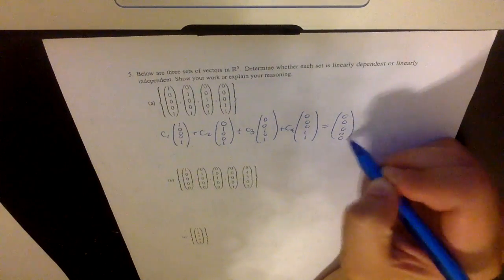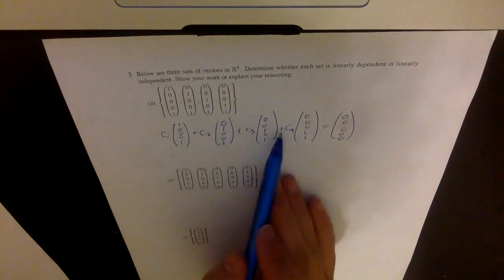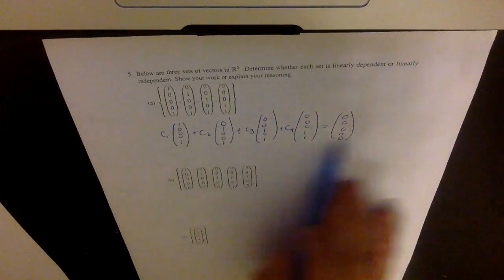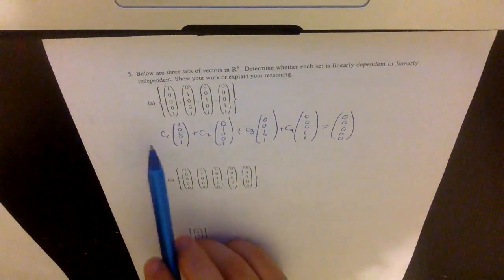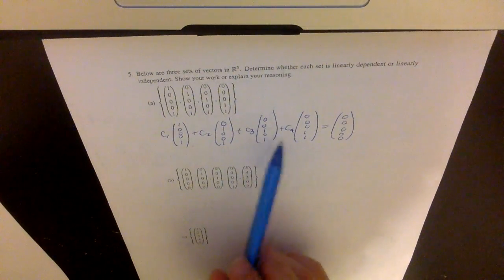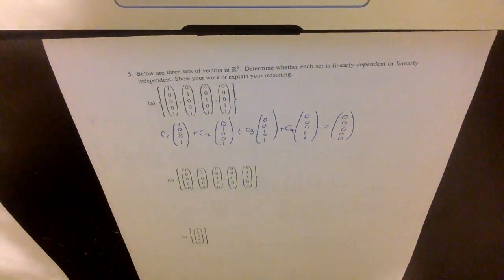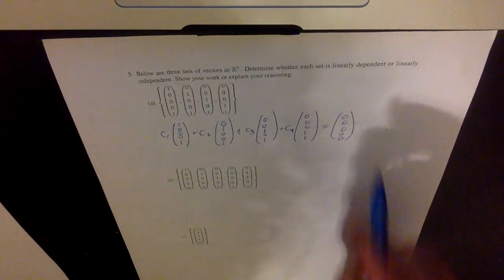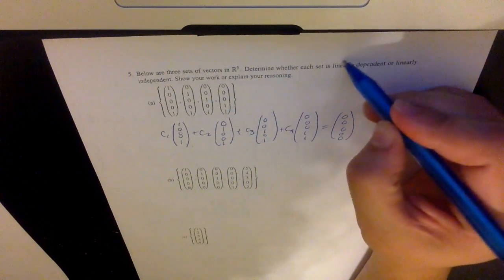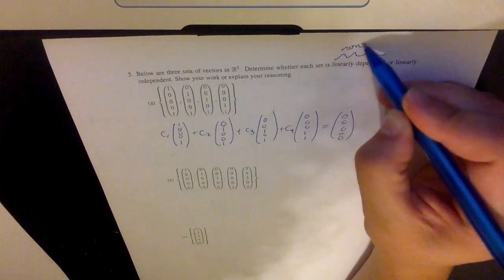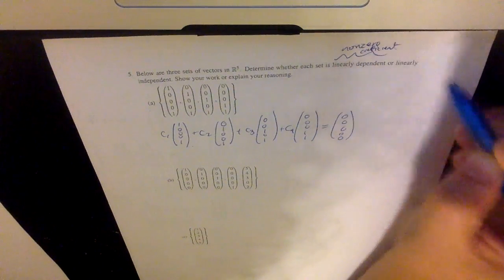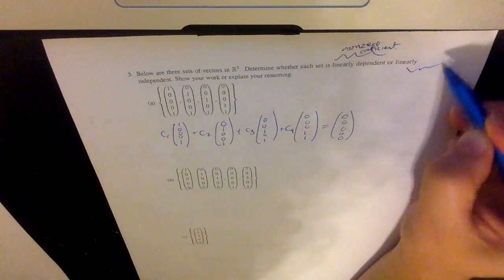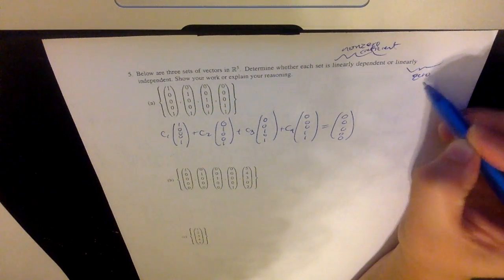So we want to see what the coefficients are that satisfy this system of equations. And then we want to check those coefficients and see if they're all 0 or if any of them is non-zero. If any of them is non-zero, then that means we have linearly dependent, a non-zero coefficient. And if it's linearly independent, the only solution will have 0 coefficients.